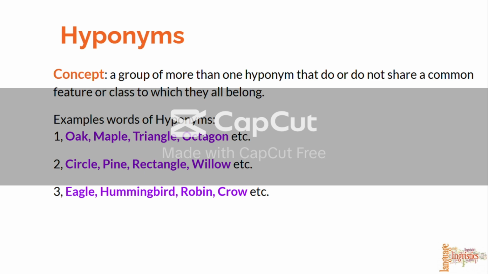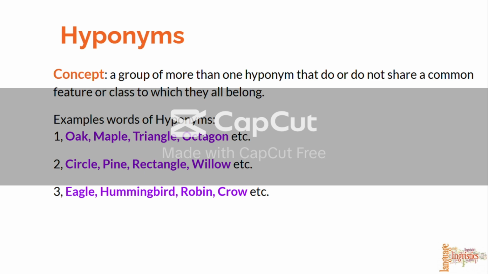So better delete or ignore that they share a common feature or class. They do not. Apologize for the wrong writing here. So they do not share a common feature or class to which they all belong.